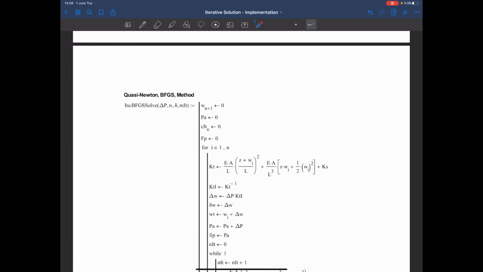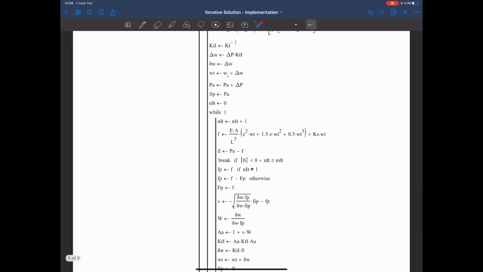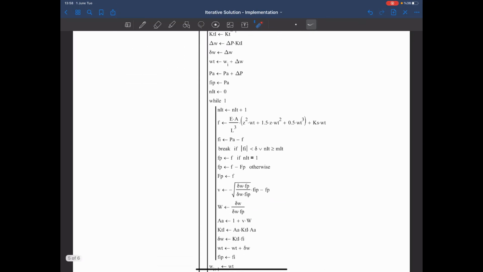I haven't formulated it, but it's a popular method called the BFGS method. So here we neither calculate the tangent stiffness at every step nor keep the slope constant. Instead, you can take a look at the formulation of it. We are transforming the tangent stiffness at every iteration.